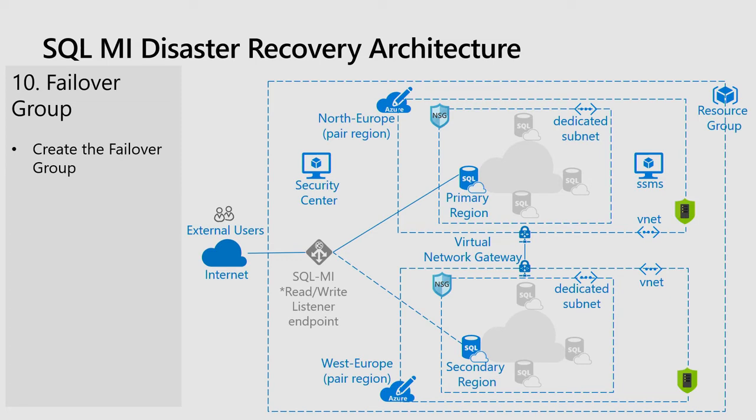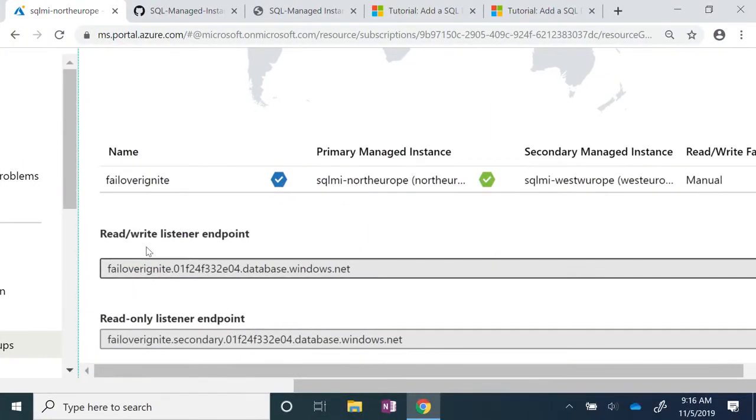I'm going to show you here. This is going to be your read, write, listener endpoint of the failover group that we just created. Your developer will always use the same one.